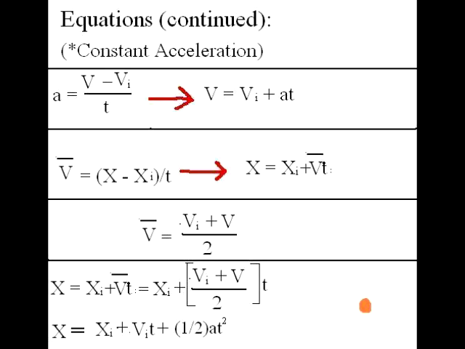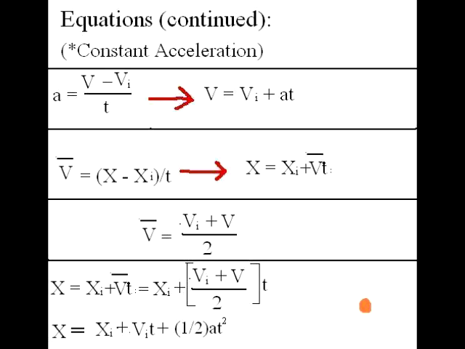You're going to have to use the second equation from the top, x equals x initial plus average v times t. You are then going to have to set the equation equal to itself. So x initial plus average velocity times t equals x initial plus average velocity times t. In place of average velocity on one side, you're going to input v initial plus v final divided by 2 times t plus x initial is equal to x initial plus average v times t.